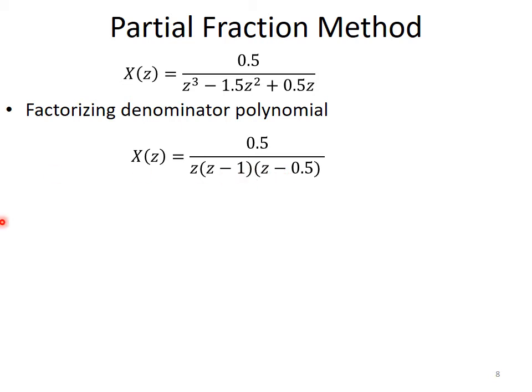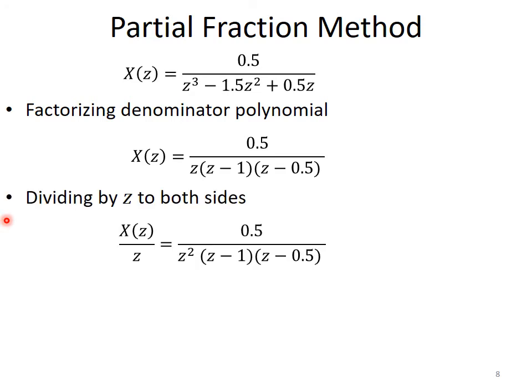Now we can break this into partial fractions, but before that let us divide by z on either side. This is also very helpful while using the Z transform table. You will see in the next slide what the benefit of this was. So let us divide both sides by z.